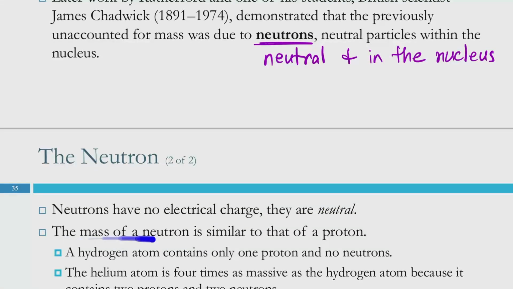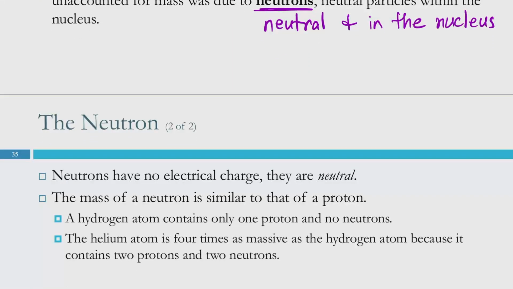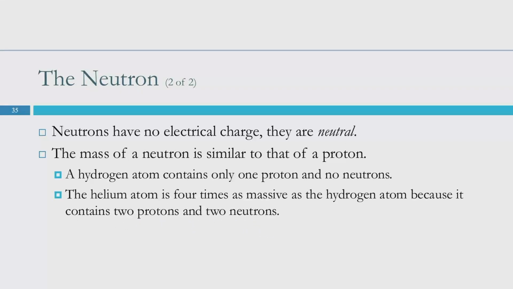Another thing about neutrons is that they're similar in mass to protons. Normal hydrogen atoms just have 1 proton and no neutrons, but helium is 4 times as massive because it has 2 protons and 2 neutrons. So we've got protons and neutrons in the nucleus.